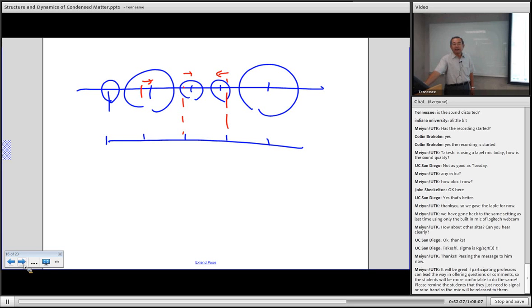And later on, I'll discuss the method of pair density function, PDF, approach, in which we can see this type of disorder more directly, much more clearly. But when you see a large Debye factor, it's already a clear indication that the system is not perfect, but has some local disorder in it.